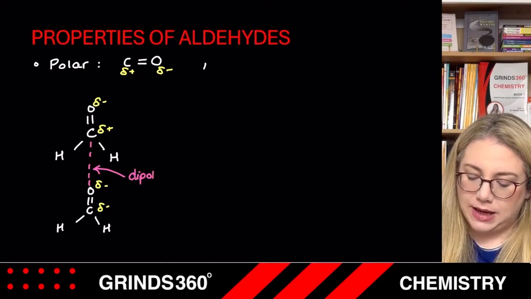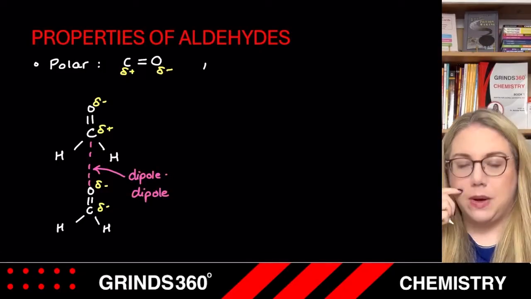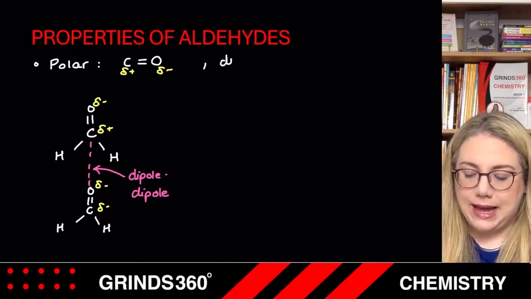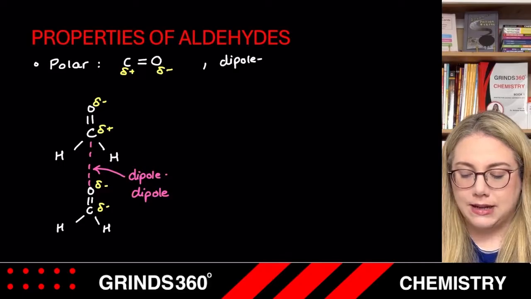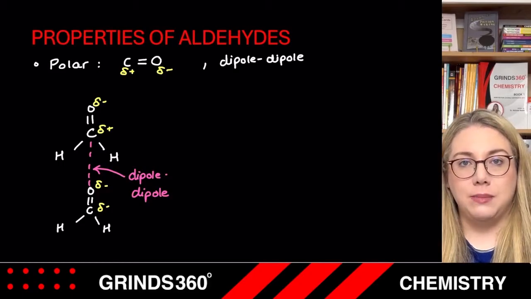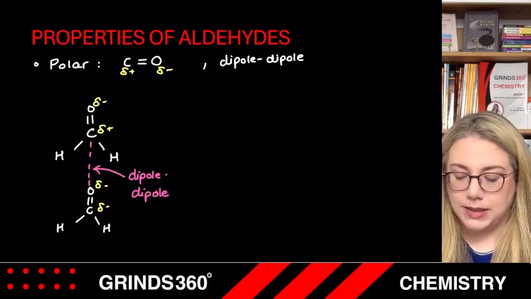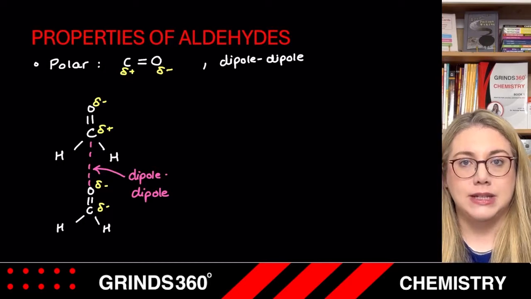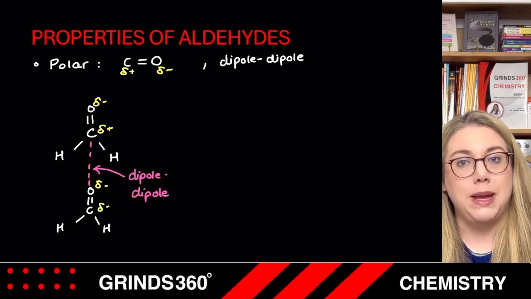That is a dipole-dipole intermolecular force. So aldehydes, because they have dipole-dipole forces, will have higher boiling points than corresponding alkanes. When I say a corresponding alkane, I mean an alkane with the same number of carbons. So in this case, I've got methanal, so it would have a higher boiling point than the corresponding alkane, which would be methane.